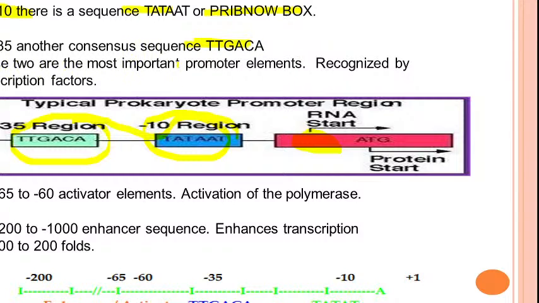These two are the most important promoter elements, at the -10 region as well as at the -35 region. They are recognized by the transcription factors, which will be recognized only by these promoter elements.